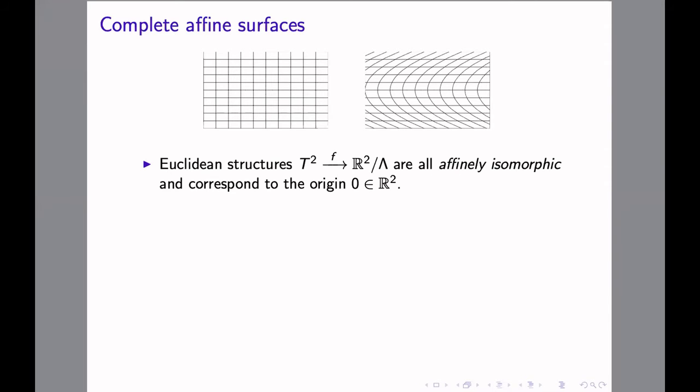Let me say a little bit about these examples, which I think deserve to be better known. All the Euclidean structures are equivalent under the relation of affine isomorphism, because they all correspond to different lattices, and a marked lattice is a basis, and the change of basis defines a linear conjugacy between the two actions of the lattice.